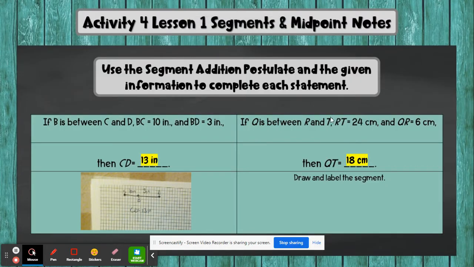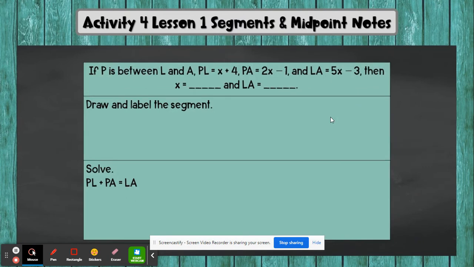So I'm not going to spend a whole long time on this, but let's go to this one. Now, this one's a little bit different. If P is between L and A. So let me do this on a different type piece of paper so you can see it better. So I have L and A, and P is somewhere in between.